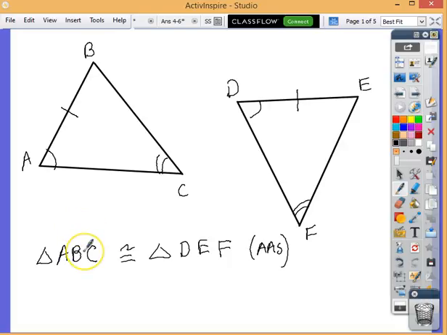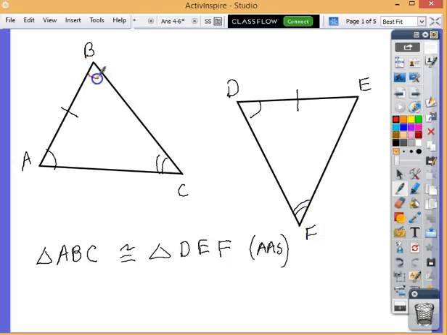Now, what does it mean to be a congruent triangle? Well, to be a congruent triangle means that all of your sides and all of your angles are congruent. So once I've written a statement that proves that the two triangles are congruent, and I needed three pieces of information to do that, I now actually have three other pieces of information.